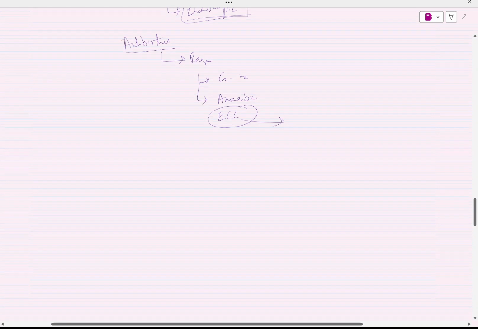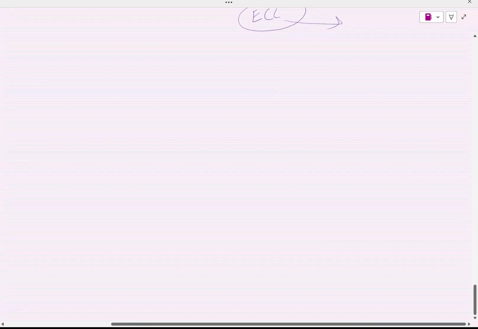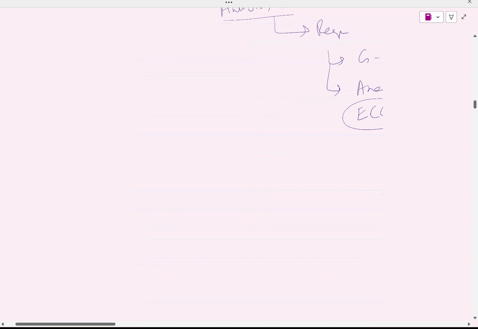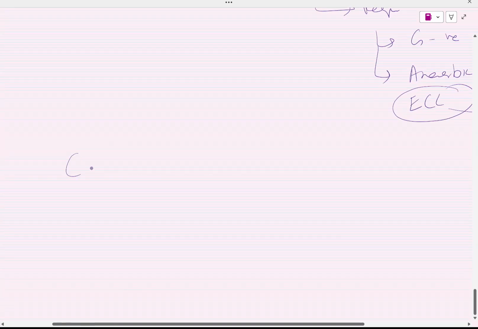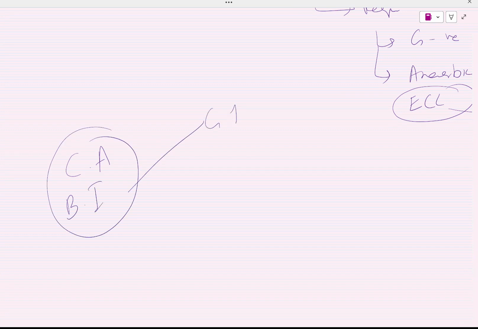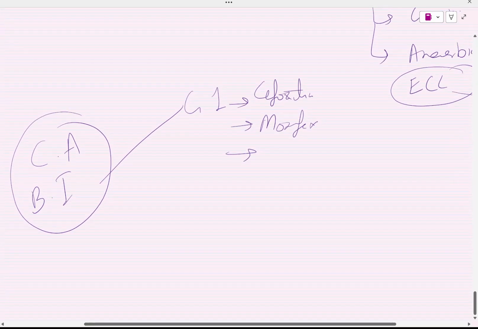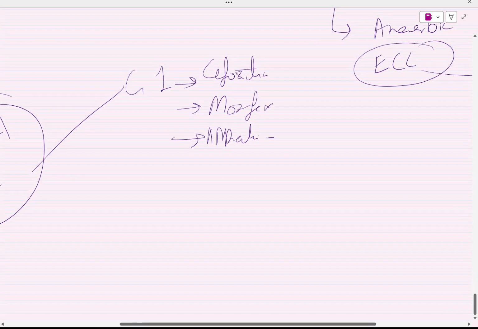So what will be your choice of antibiotic? In grade 1, if there is community acquired biliary infection and a patient of grade 1 comes to you, you will give cefoxitin, you can give moxifloxacin, you can give ampicillin plus sulbactam.